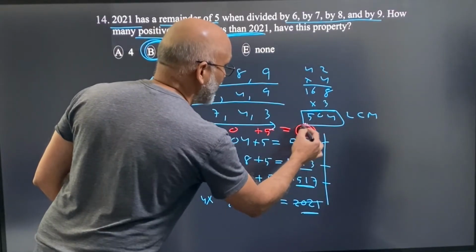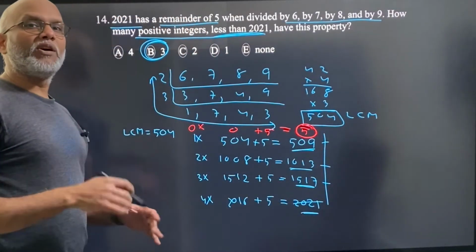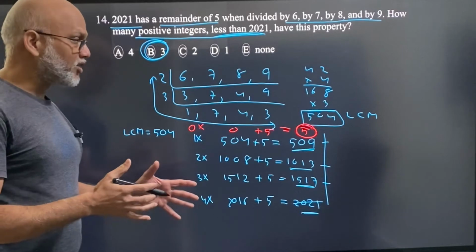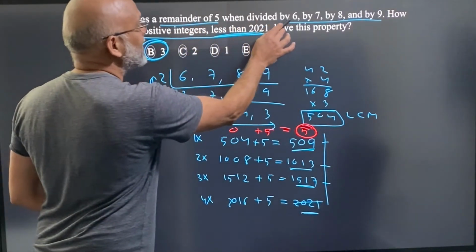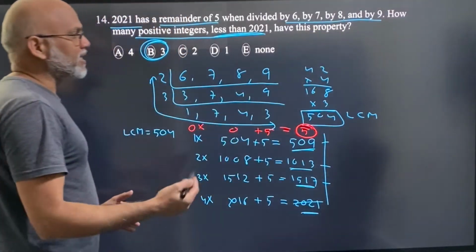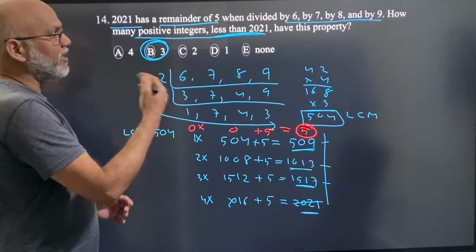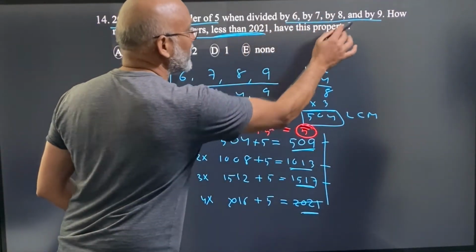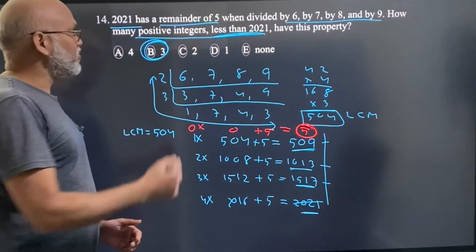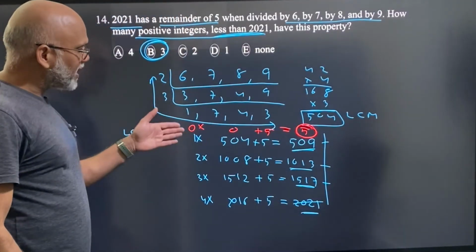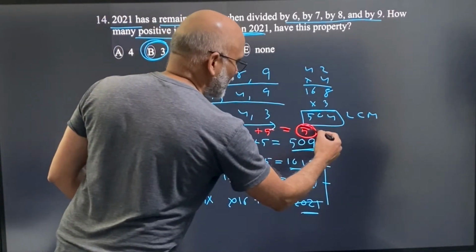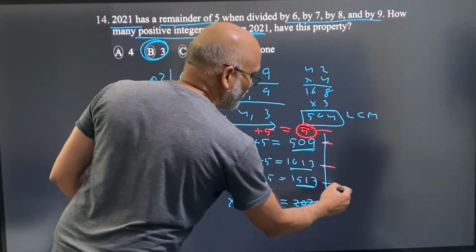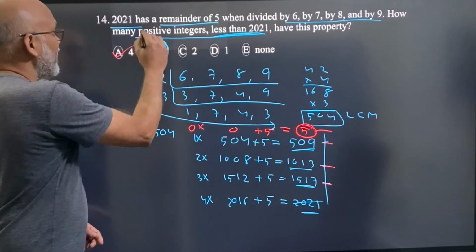So 5 will be another number. In fact, that will be the smallest positive integer that has a remainder of 5 when divided by 6, 7, 8, 9. Obviously, if I divide 5 by 6, 7, 8, or 9, the remainder is going to be 5. So that also satisfies this. So basically, I forgot the zeroth multiple. Then I have a total of 1, 2, 3, 4. So then A is the correct choice.